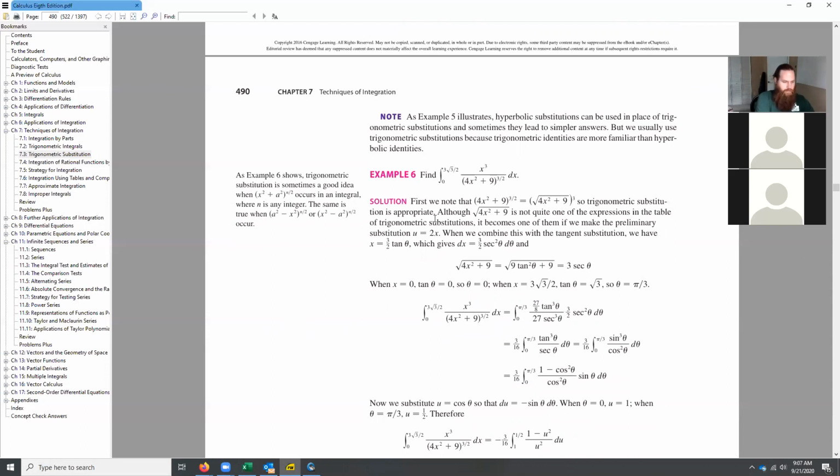I'll write this down. x cubed over (4x squared plus 9) raised to the 3/2 power dx.